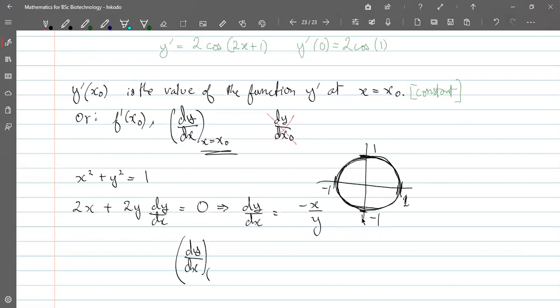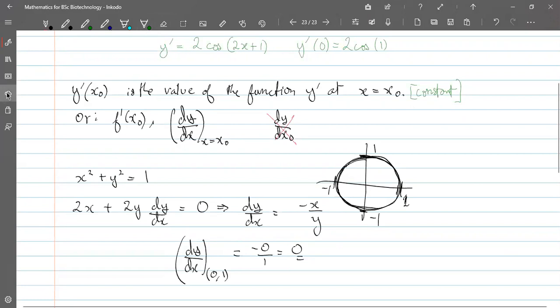So just like here we wrote x equal to x naught, here you can write x equal to x naught, y equal to y naught, or simply write the values of x and y. So for example, I can write 0, 1, right? x equal to 0, y equal to 1. That's the meaning. So if minus x by y is dy by dx, then dy by dx at 0, 1 is minus 0 by 1, which is 0. So we found this in the previous class. The slope of the tangent at this point 0, 1 is 0.